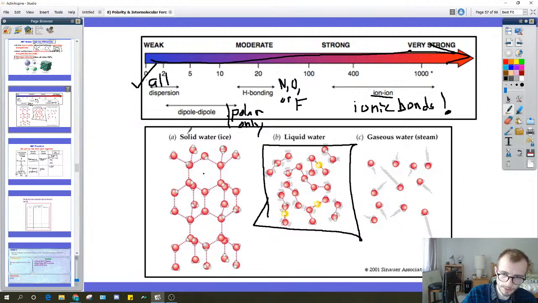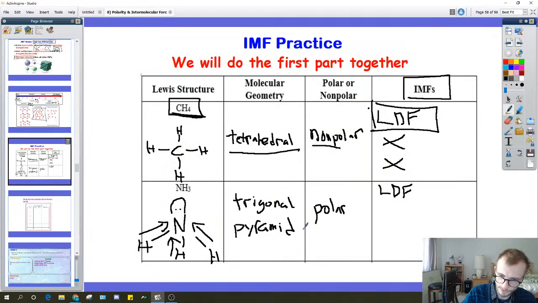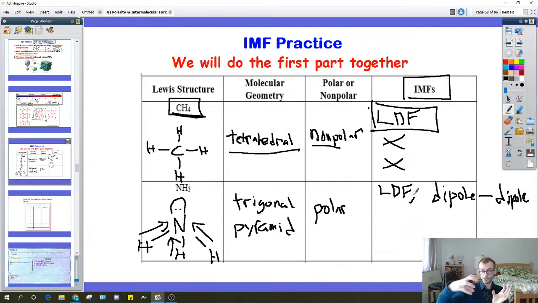What about dipole-dipole interactions? Is this a polar molecule? We remember that we decided this was a polar molecule, so this indeed does have dipole-dipole interactions. If you'll remember, that's just these molecules lining up. When you get a bunch of these NH3 molecules in space, they line up so that all their dipoles are pointing the same direction, which helps attract them together.